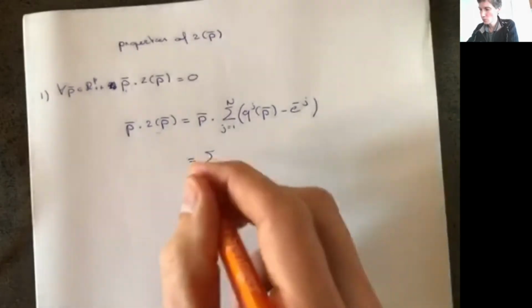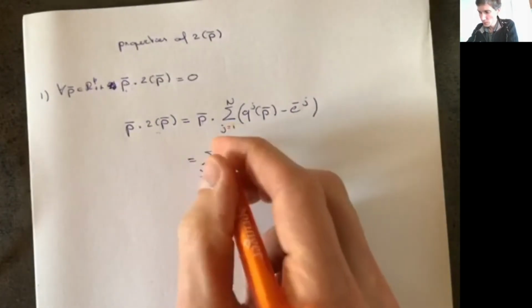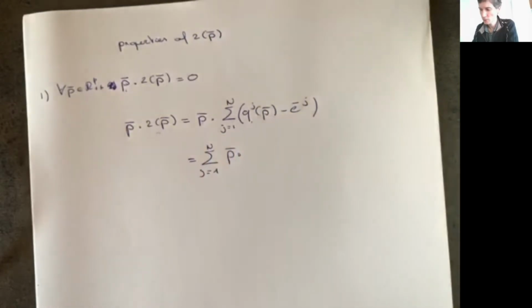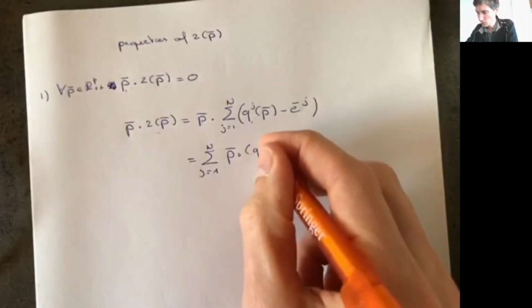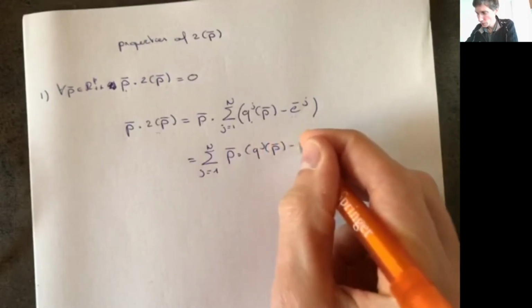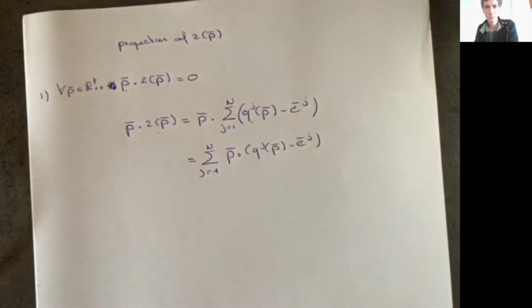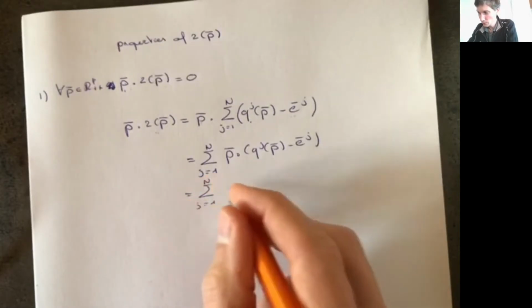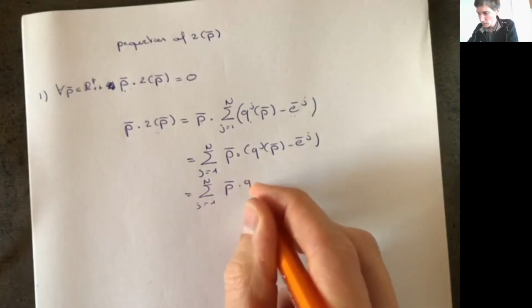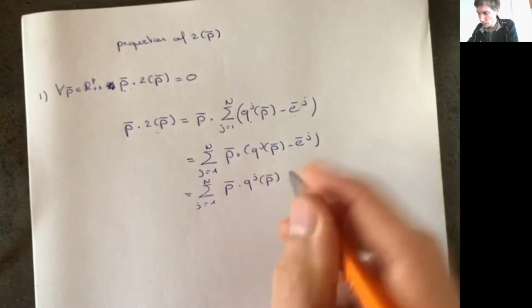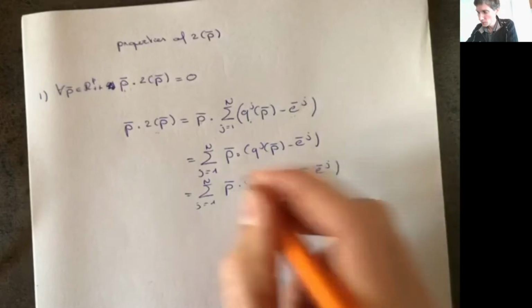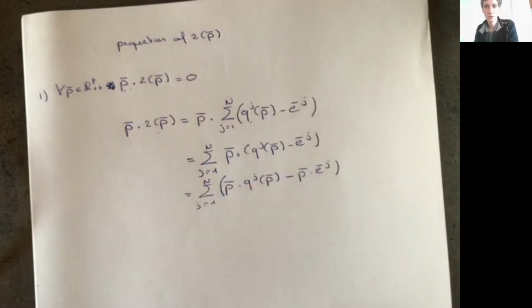So you can show that this is equal to the sum of the dot product of P with each of these vectors, right? So this is Q_J(P) minus E_J. Okay, and this is equal to the sum from J equal to 1 to N of P times Q_J(P) minus P times the endowment.